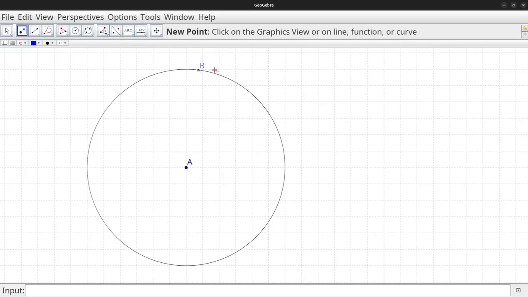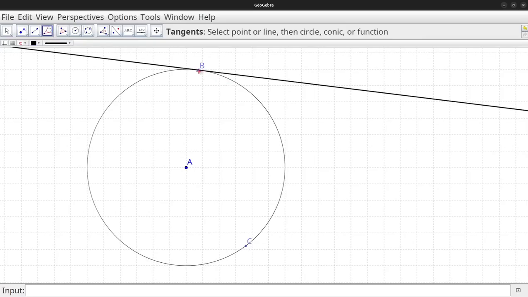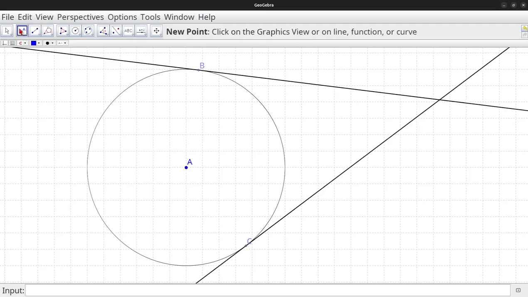One tangent will be from point B, the other tangent is going to be from point C. So on point B, there you go, that's our tangent. Similarly, from point C, that's our tangent. So this point where these two tangents are meeting is what we call the external point. Now that's our external point.